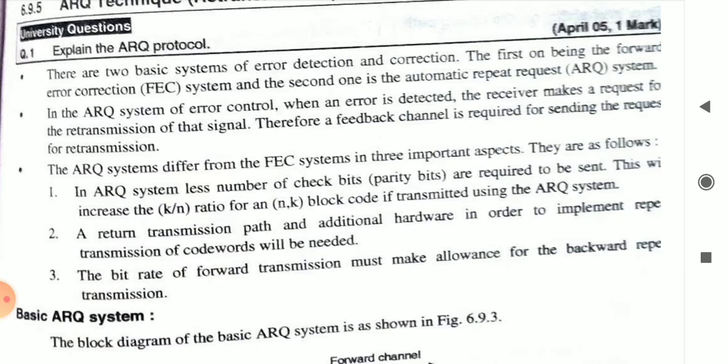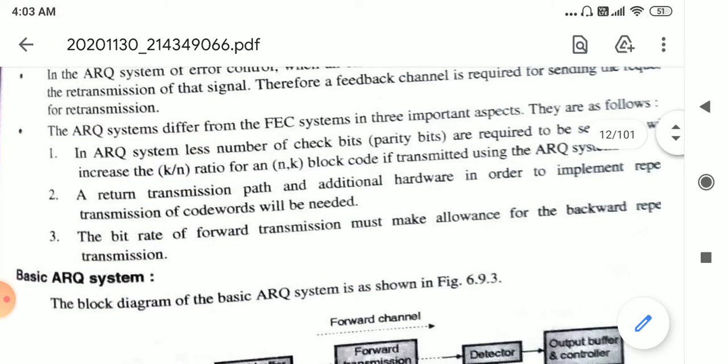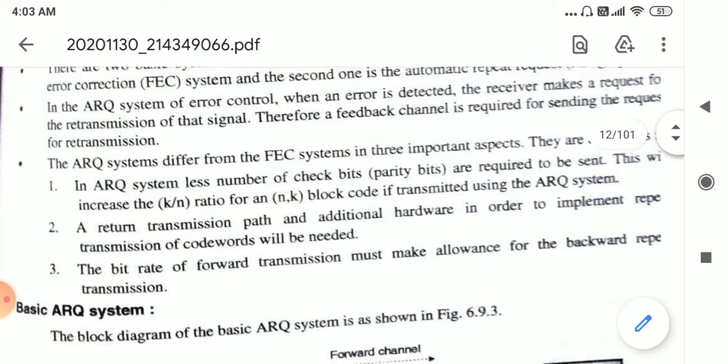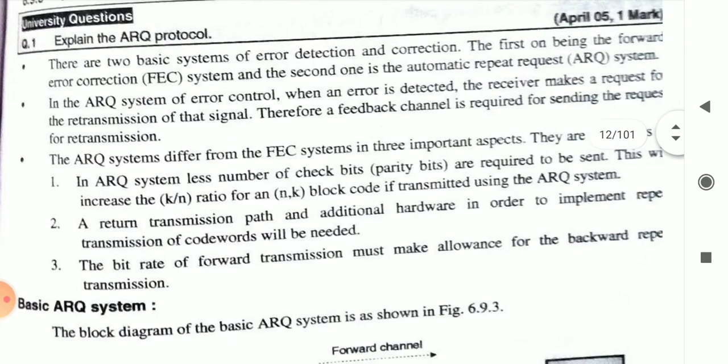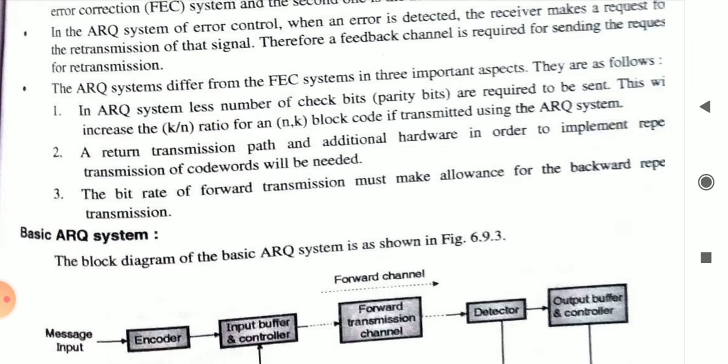That's why it is also called automatic error control: the receiver machine sends feedback to the sender machine. That's why ARQ is nothing but automatic repeat request.